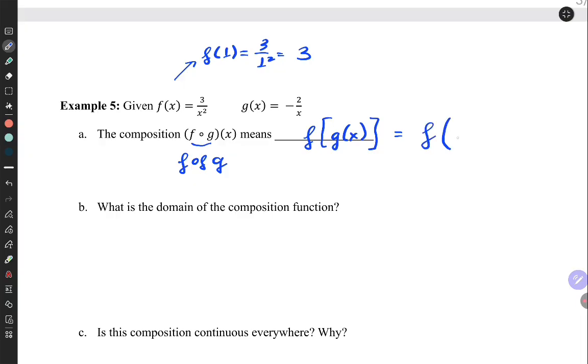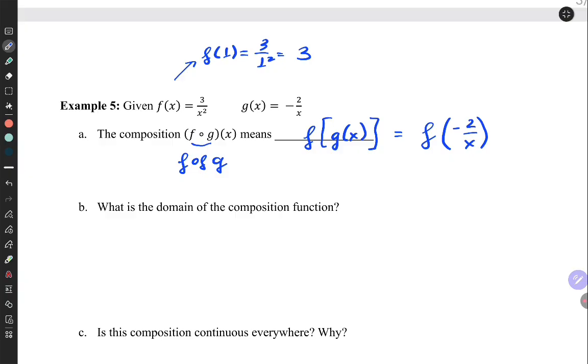You plug in literally, you bring the whole g of x to plug in. What is g of x? You plug that in. G of x should go this way. You bring this thing, you plug it inside the f. The f is this. Where do you plug?